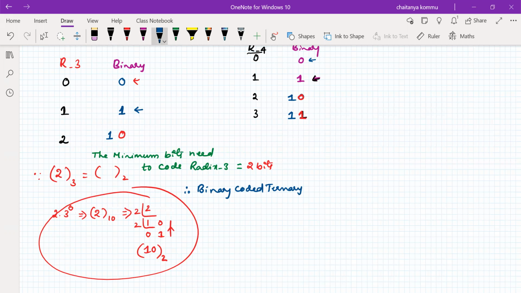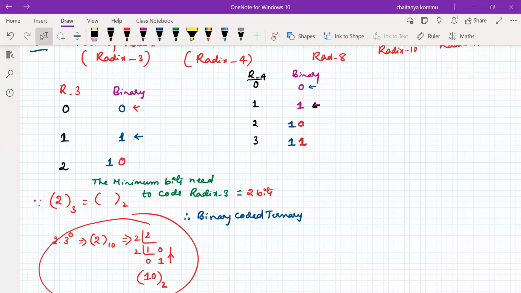Similarly here also, what is the minimum number of bits required to code radix 4 digits? 2 only. The same thing is applicable here also. Therefore, I can simply write it is called binary coded quad.